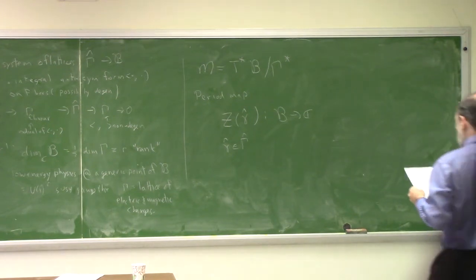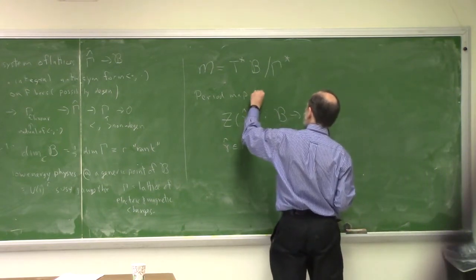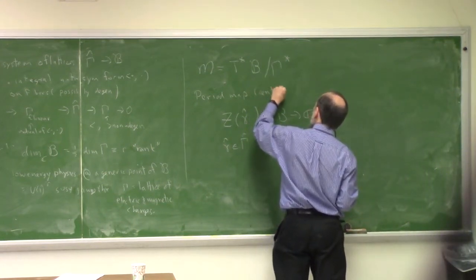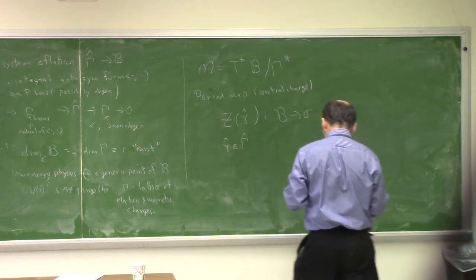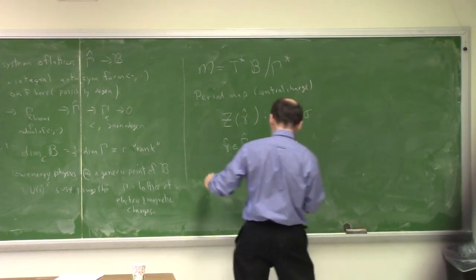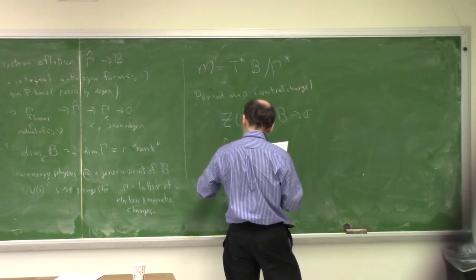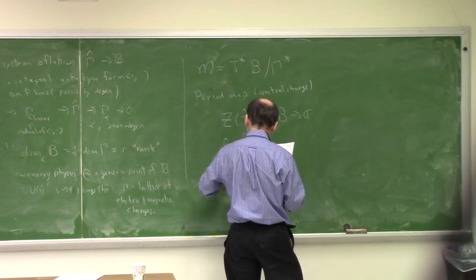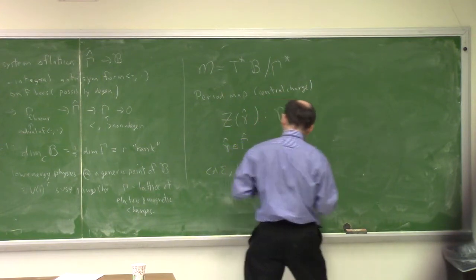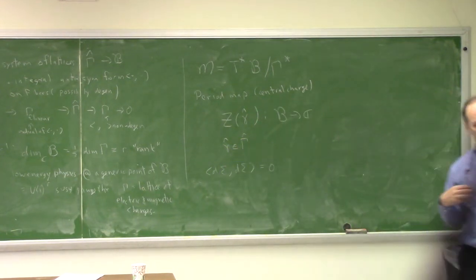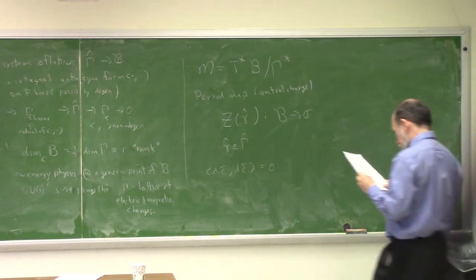This is called the period map or the central charge. And it's non-degenerate in the following sense, that if d is the exterior derivative on B, and that's 0.